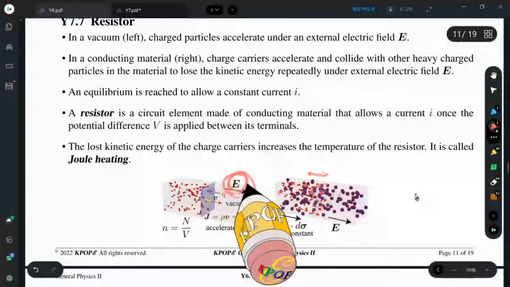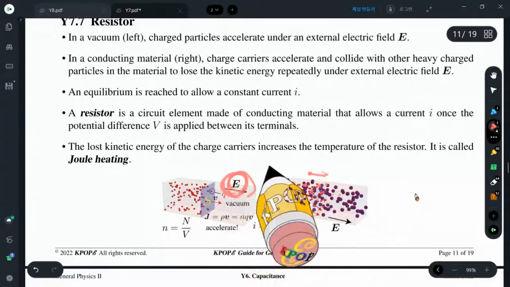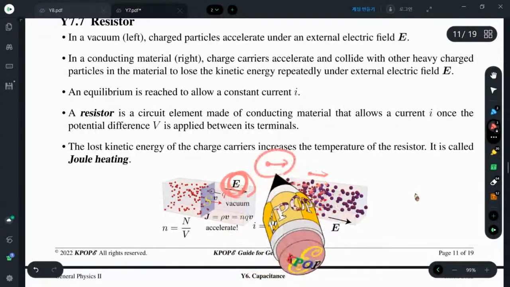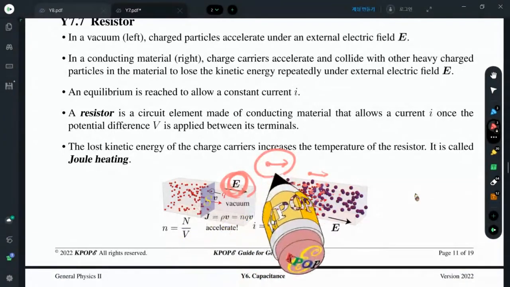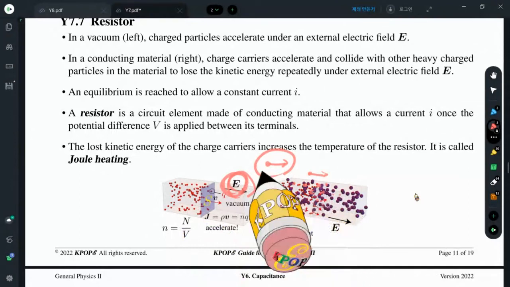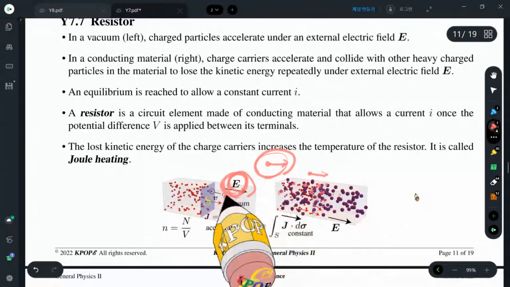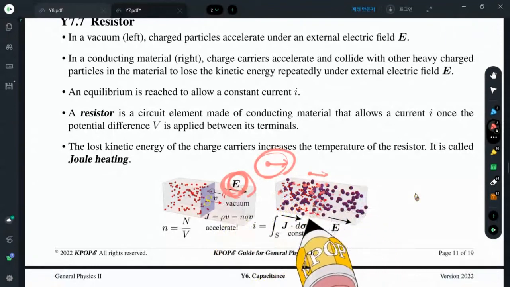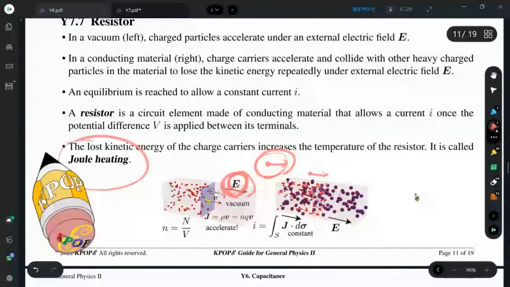So the work done by the electric field results in the increase in the kinetic energy of a charged particle, but because of the many collisions with the heavy particles, it loses its own kinetic energy. That results in the kinetic energy of a heavy particle that doesn't move. Then, as a result, the wire becomes hot.